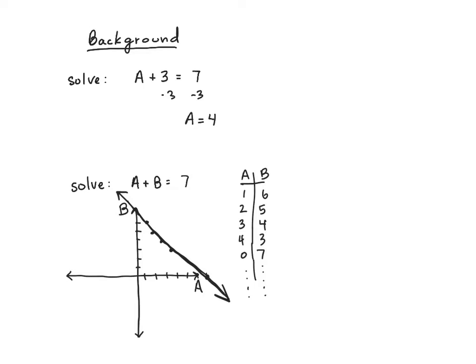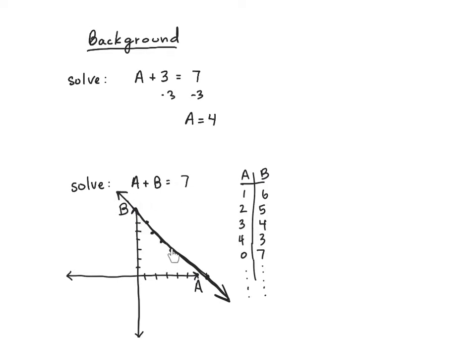That's actually what we're doing when we're graphing any equation or function. We're producing a collection of points that represents solutions to an equation. All of these points and any point on this line represent possible solutions to this equation, a plus b equals 7.